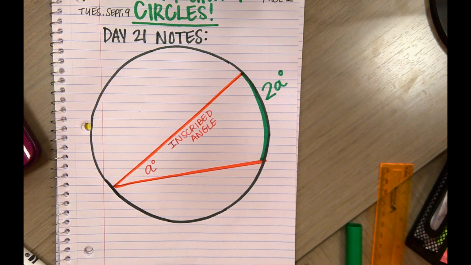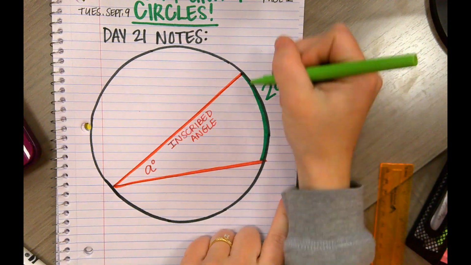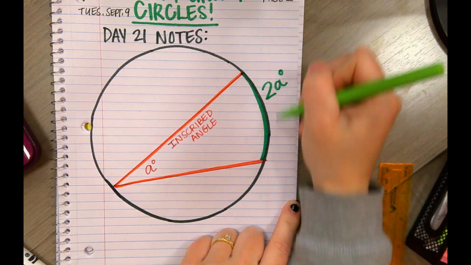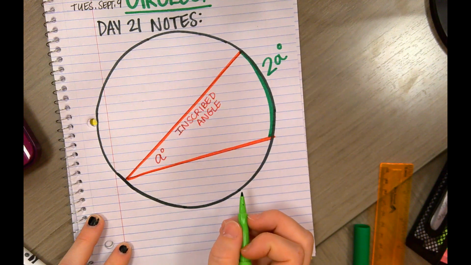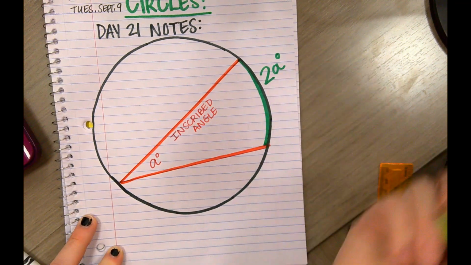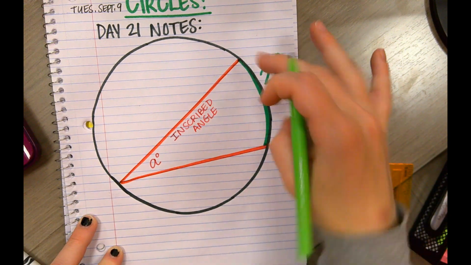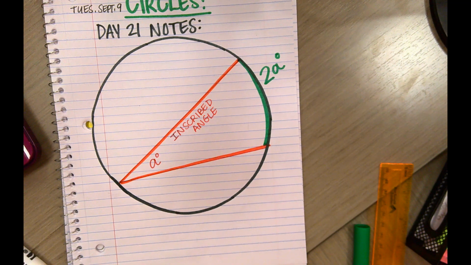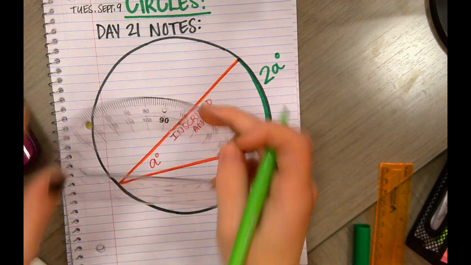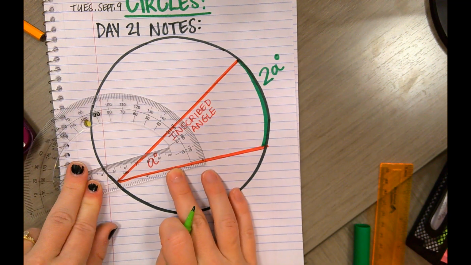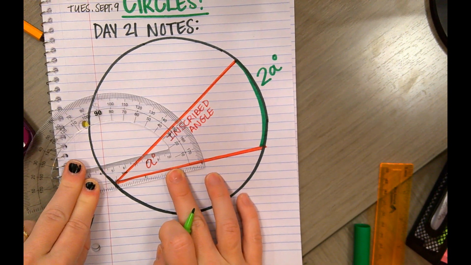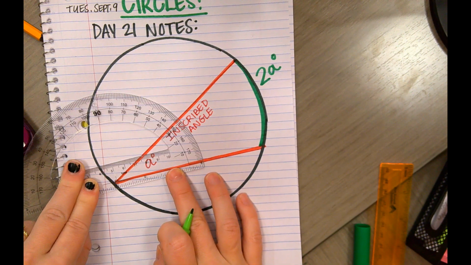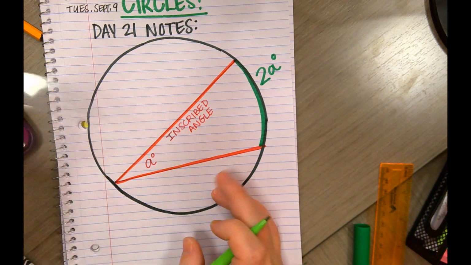Let's say that I give you that this length here, the green length, we'll call that, let's see, I'm going to get my protractor out. Looks like the angle that I drew is approximately 32, 33 degrees.